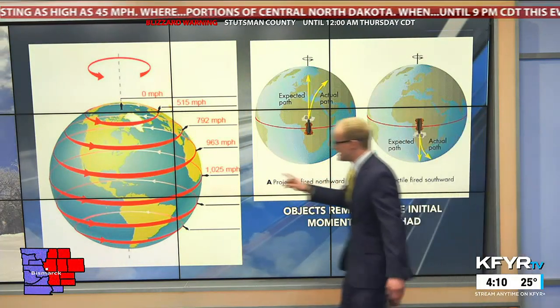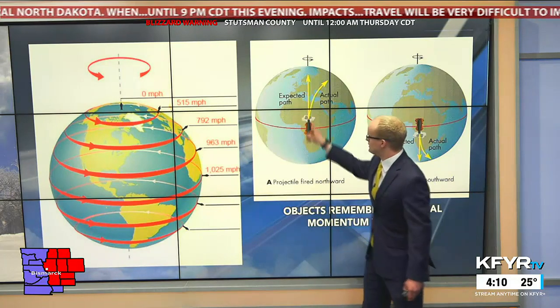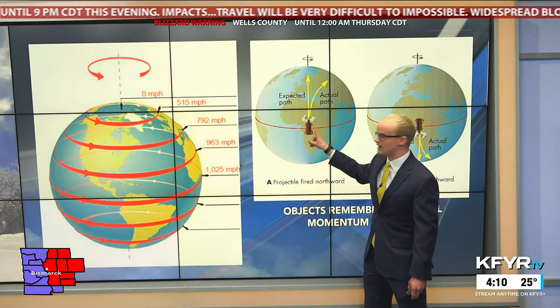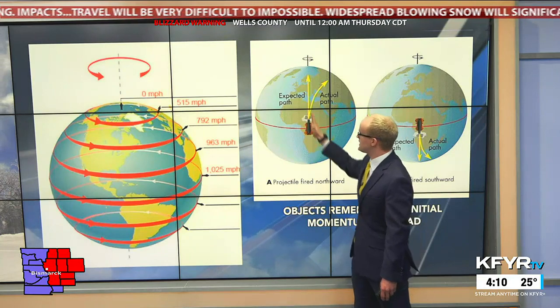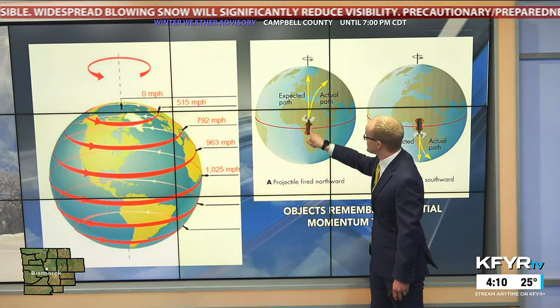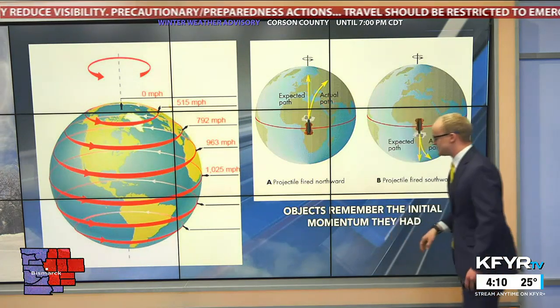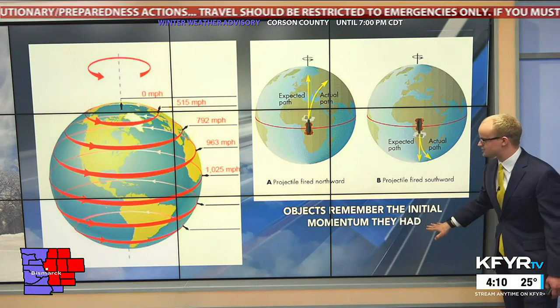But think about this. If we're rotating that much faster at the equator than the poles, and if we shoot a projectile from the equator towards the poles, we would expect it to go straight towards the north, straight towards the poles. However, the actual path is deflected to the right in the northern hemisphere because our objects remember the initial momentum they had.